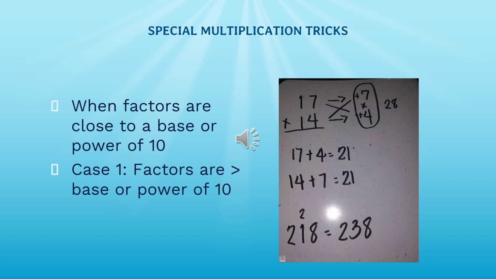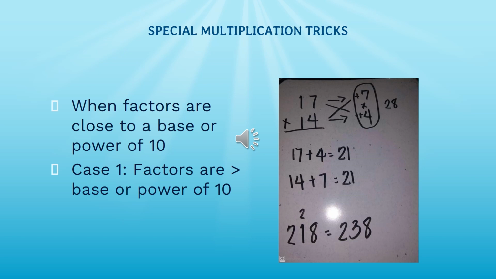Now we can also say we cross add 17 plus 4, the distance of 14 from 10. So 17 plus 4 is 21. But since this is close to 10, and there's only one 0 in 10, we will attach a 0 to 21, and it gives us 210.